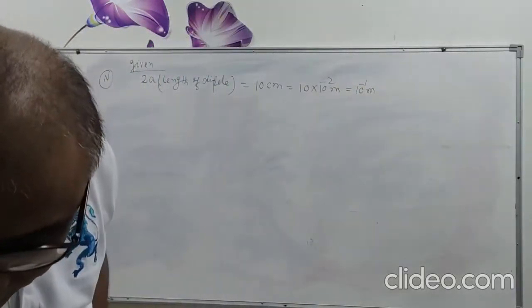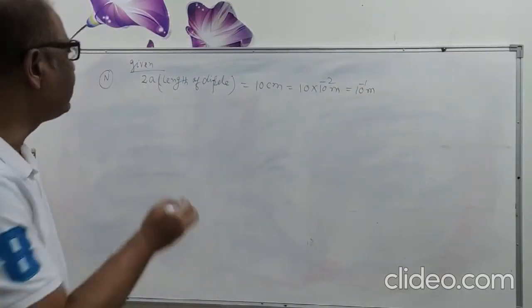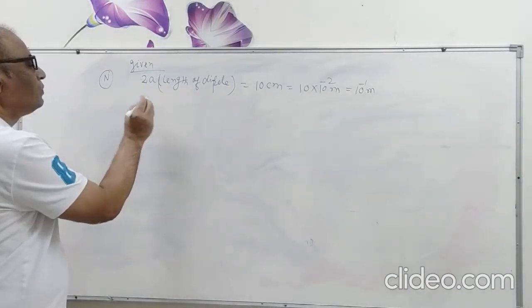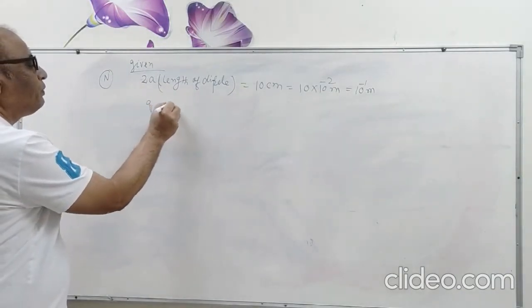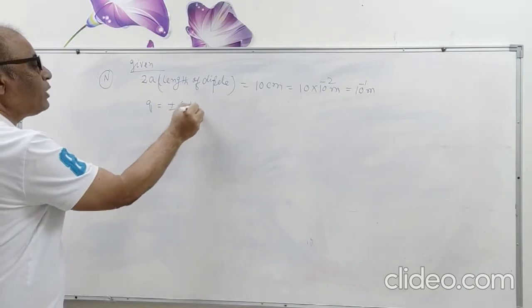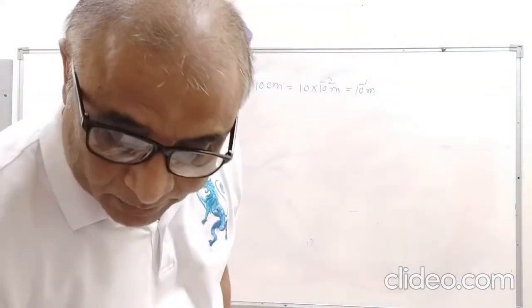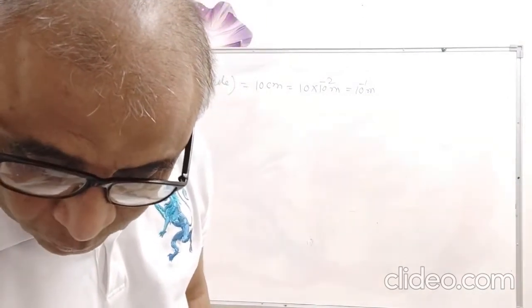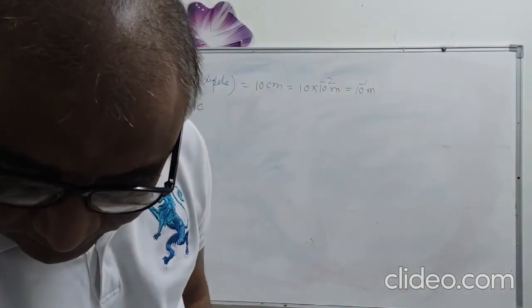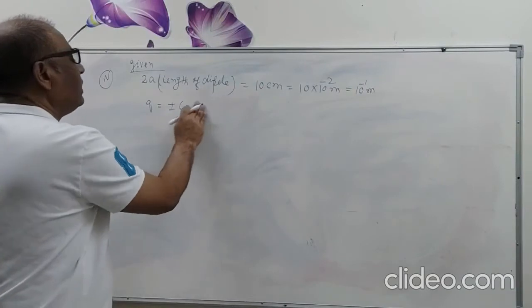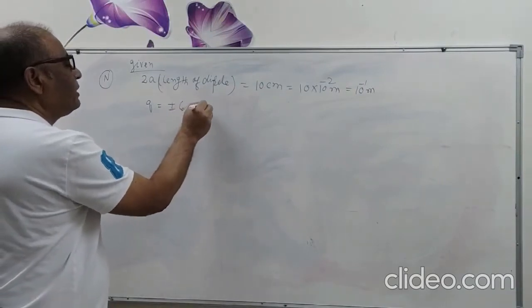Second, the charges, Q, equal to plus minus 6 microcoulomb. You know that in a dipole both charges are equal in magnitude but opposite in sign, so plus minus 6 into 10 to the power minus 6 coulomb is given.